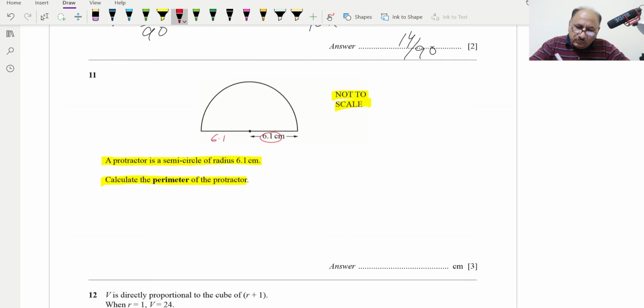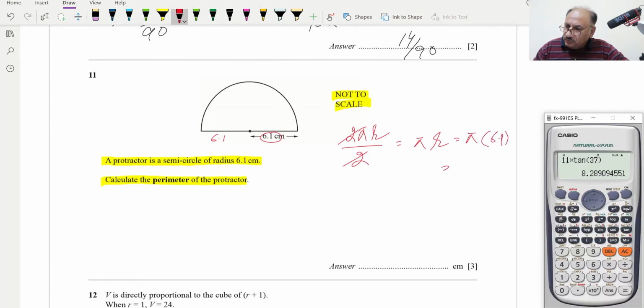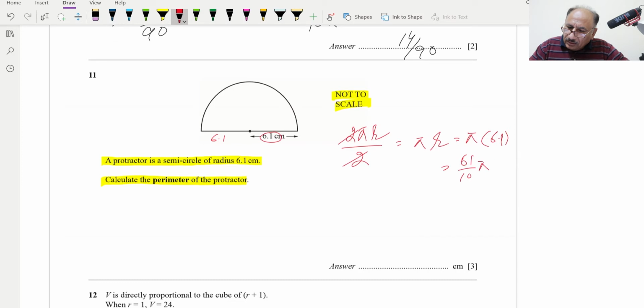So we have to calculate the length of the arc, and the length of arc formula is theta over 360 times 2 pi r, which is the perimeter of the complete circle, and we divide by 2 for the semicircle, and this will be cancelled, so this will be pi r, which is pi into 6.1, so we can write 61 over 10 pi.